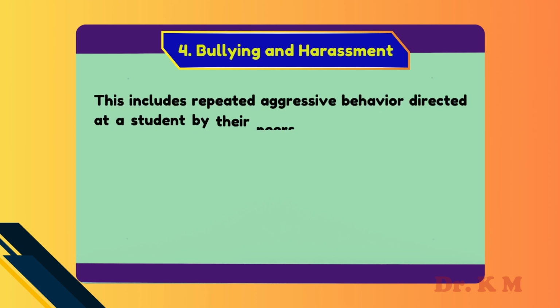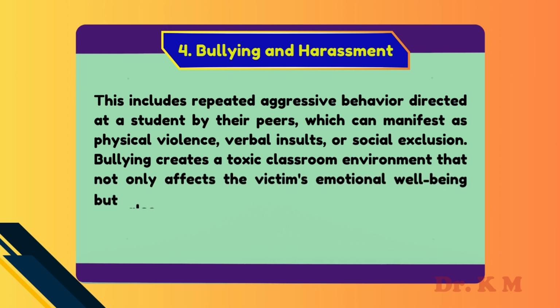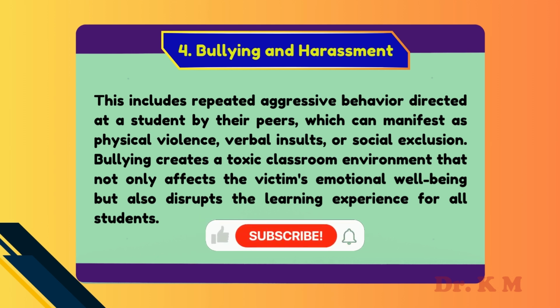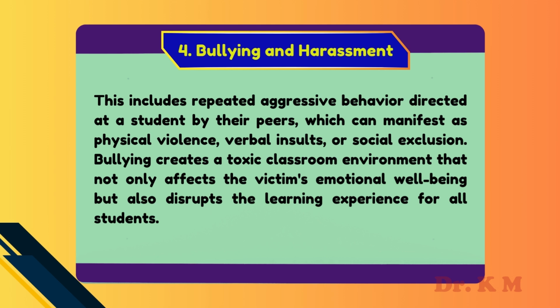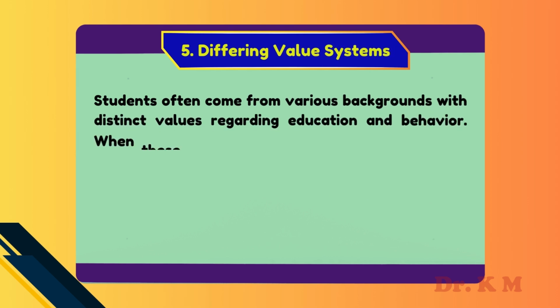Bullying and harassment. This includes repeated aggressive behavior directed at a student by their peers, which can manifest as physical violence, verbal insults, or social exclusion. Bullying creates a toxic classroom environment that not only affects the victim's emotional well-being but also disrupts the learning experience for all students.